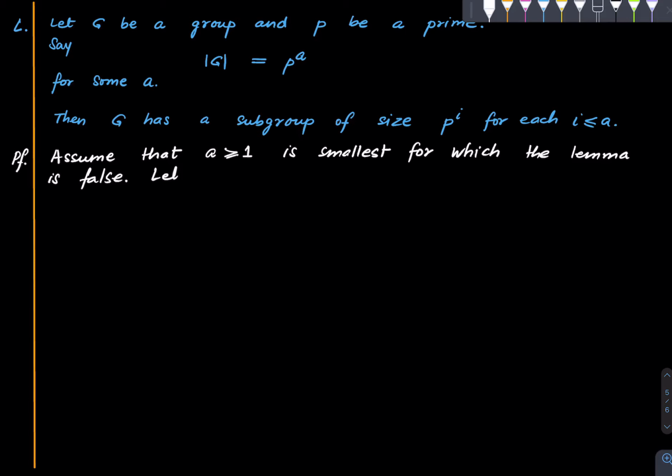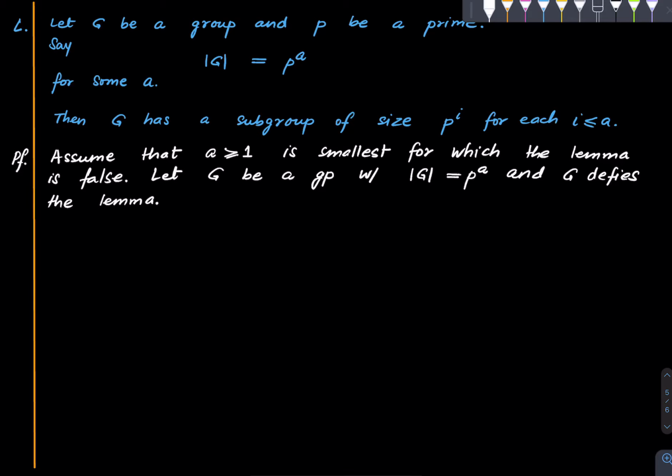So let G be a group with the size of the group p to the a, and it does not have subgroups of size p to the i for each i, and G defies the lemma. Okay, so we have a smallest a for which you can find a group which defies the lemma, and let's fix such a group. There could be many such groups up to isomorphism, but let's fix one.